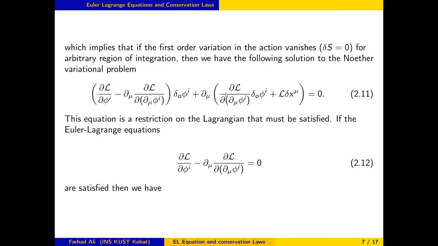So we get this equation by putting the integrand equal to 0. Now we know that these are Euler Lagrange equations, so putting them equal to 0, if they are satisfied, and it is always 0, in that case I will be left with the derivative of this thing to be 0, this one.